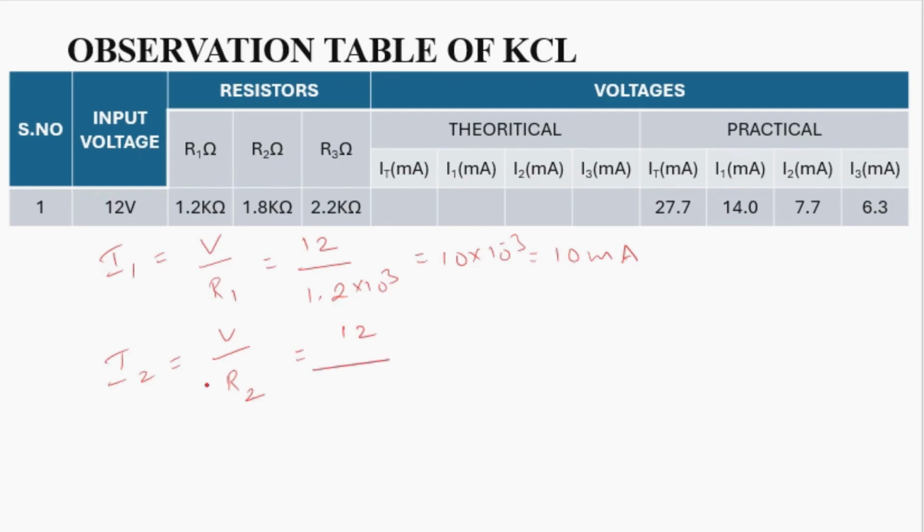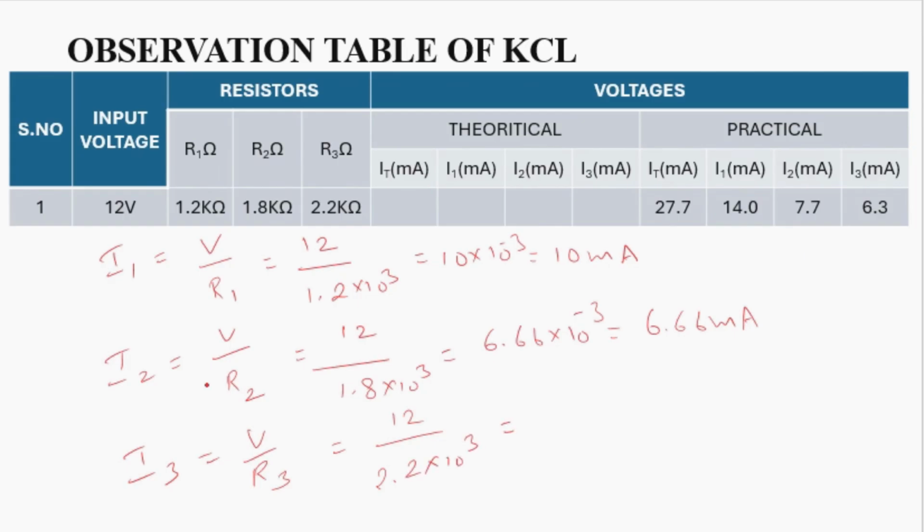V is 12 volts, R2 is 1.8 into 10 cube, which is equal to 6.66 into 10 power minus 3, which is 6.66 milliamperes. I3 is equal to V by R3, 12 by 2.2 into 10 cube, which is equal to 5.45 into 10 power minus 3, which is 5.45 milliamperes.